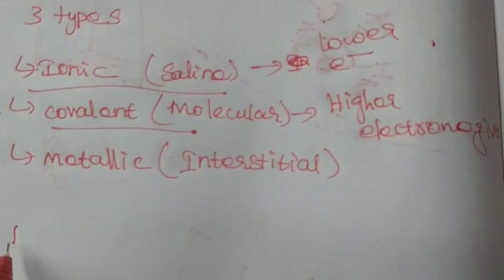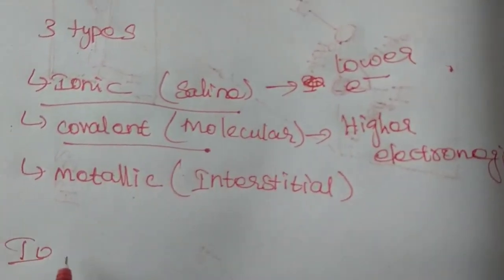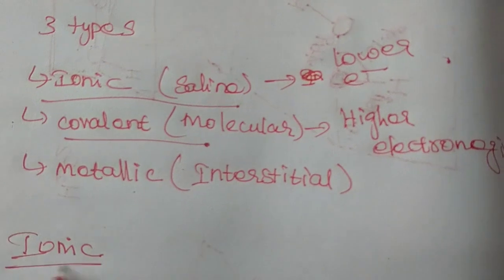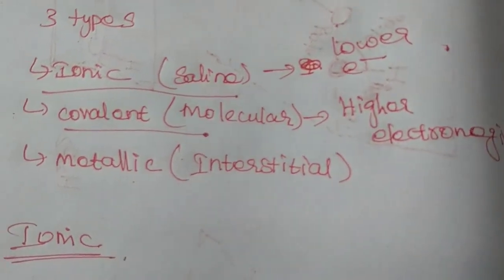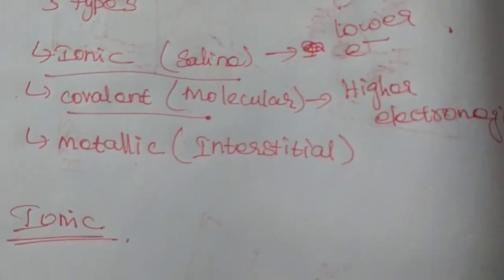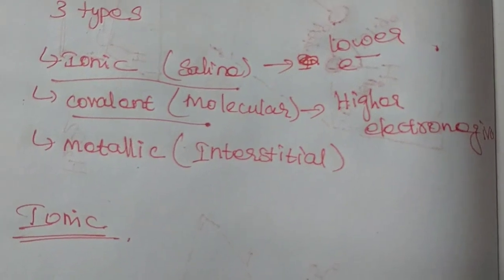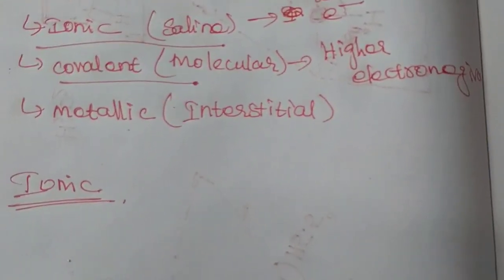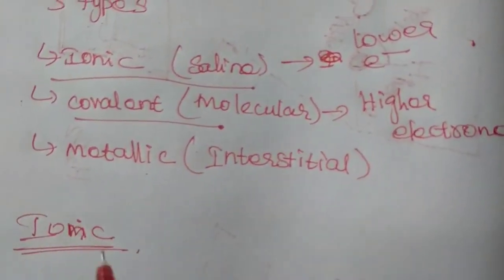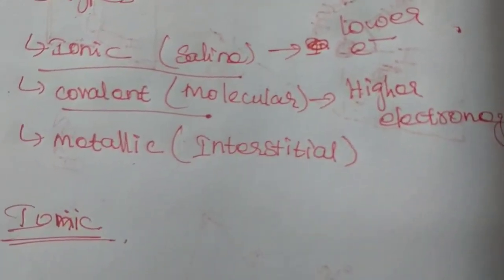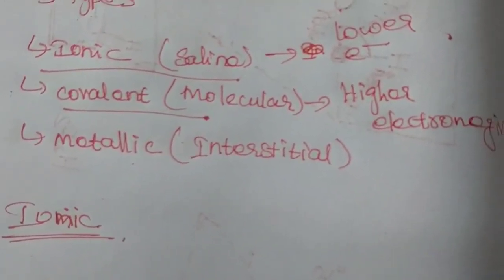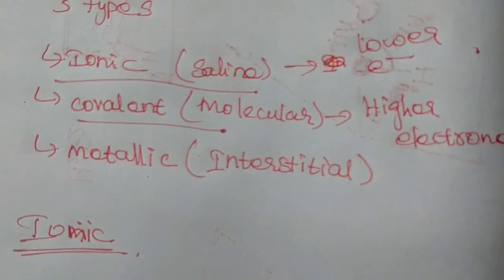So the first type, ionic or saline hydrides, are composed of electropositive elements, mainly the alkali metals and alkaline earth metals in our modern periodic table.